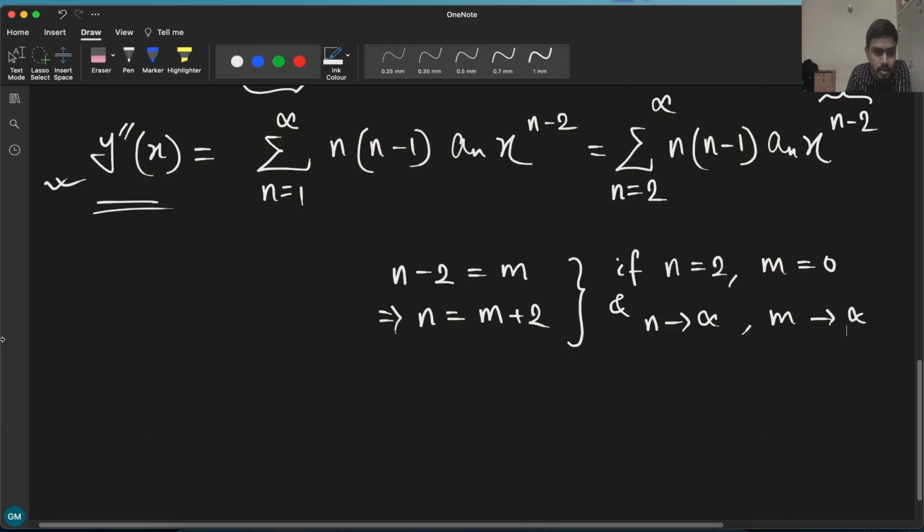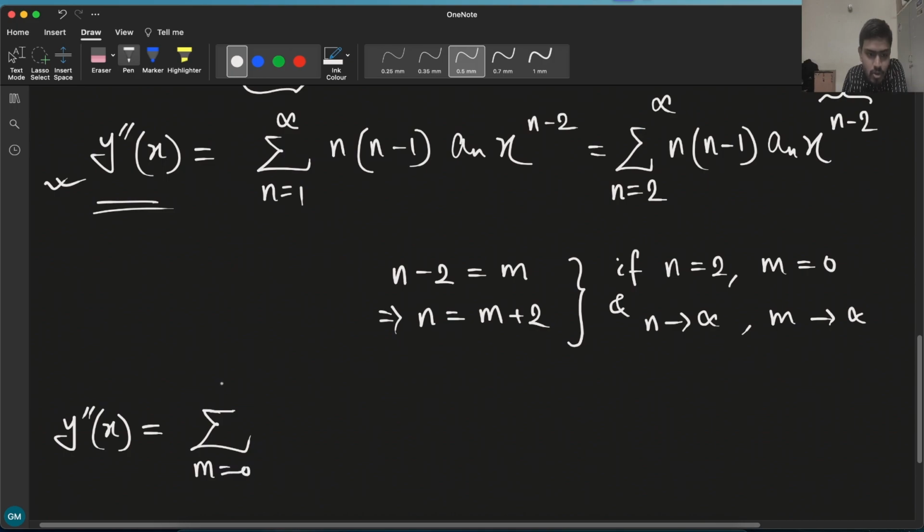So in that case, y double dash x, if I replace this n by m, then the summation, which was starting from n equals 2, will now start from m equals 0 to infinity, right?